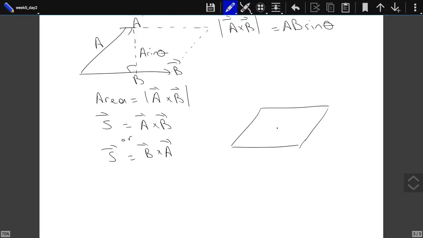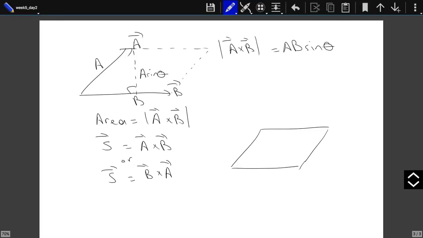Basically, that's the cross product, A cross B. So if you look at A cross B, you are basically rotating A towards B. That is the direction of the boundary of this area. So if you define S to be A cross B, then the direction of the boundary is this one. You are rotating A to B. So that's, in fact, why we define that sense of the loop.